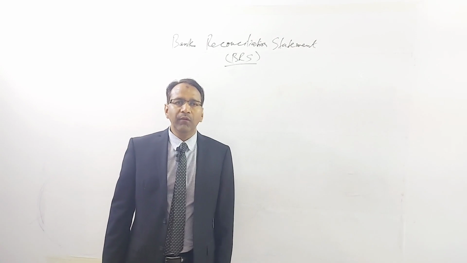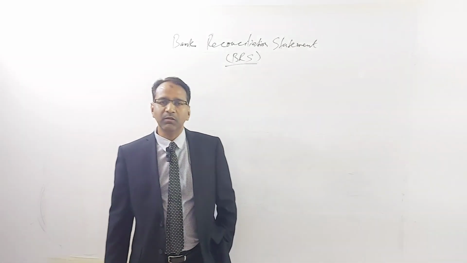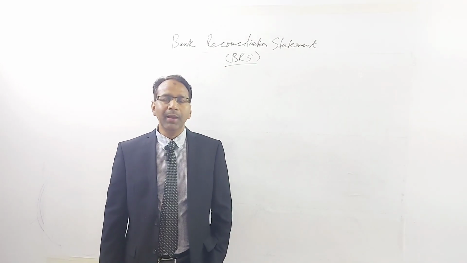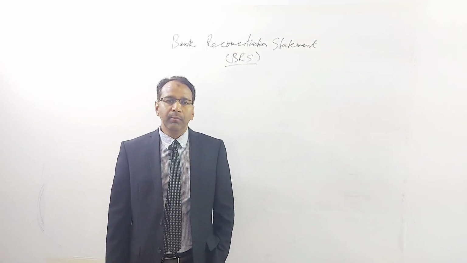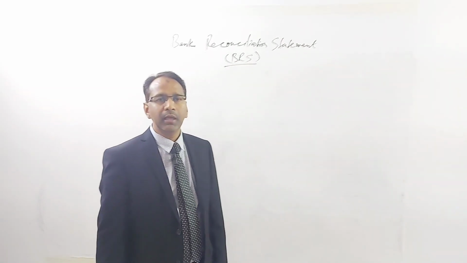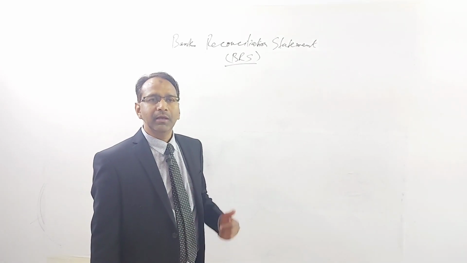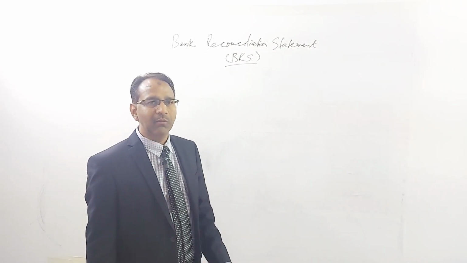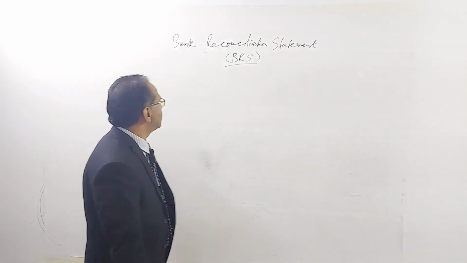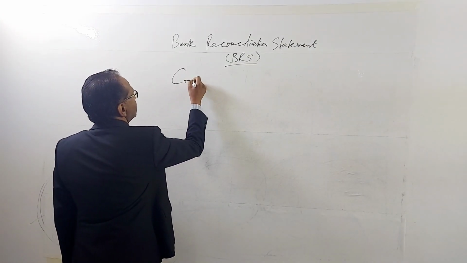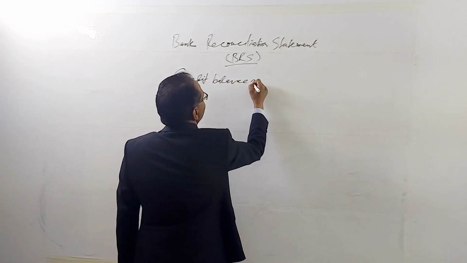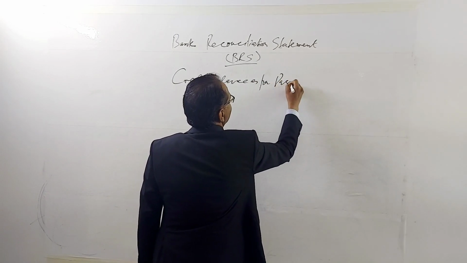In my last video on bank reconciliation, I explained what bank reconciliation is and we prepared a bank reconciliation statement starting with the balance as per cash book. Today we will see a reconciliation statement starting with the passbook balance, that is, the credit balance as per the passbook.